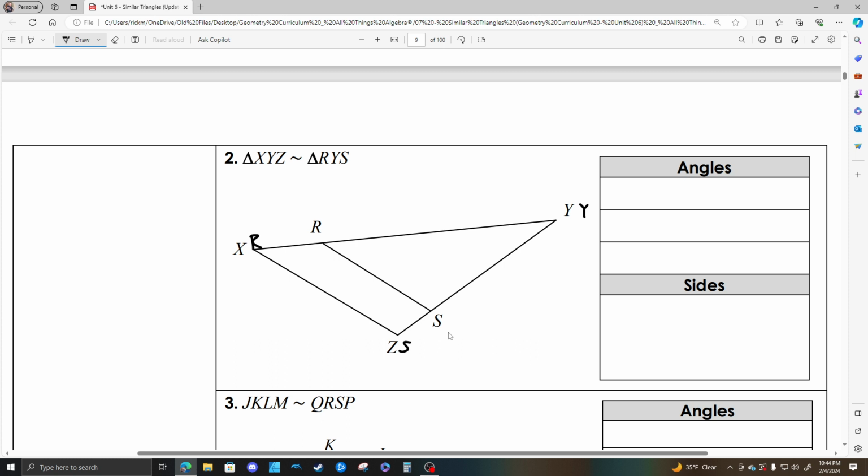And now you can think of it as these are similar, right? This looks a little different because they're stacked on top of each other, but I'm just showing you that these are similar, right? So in this case, for our angles, we'd have angle X is similar to angle R, right? And it's the same thing as before. And then for sides, I'll do one with you. I can say XY is similar to RY.